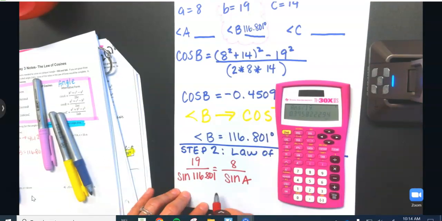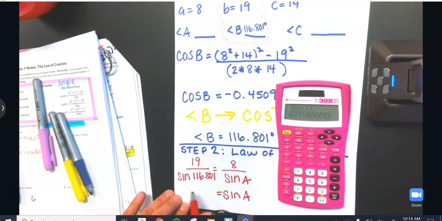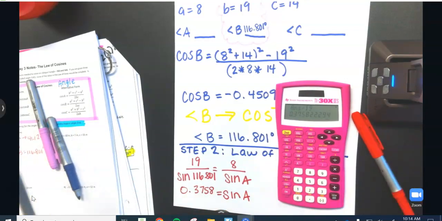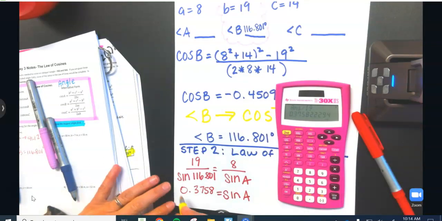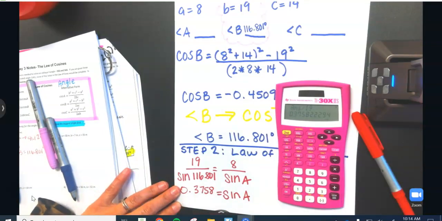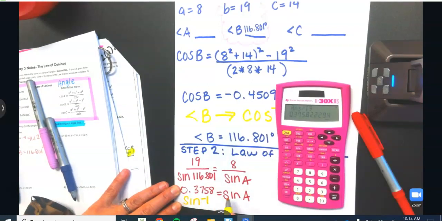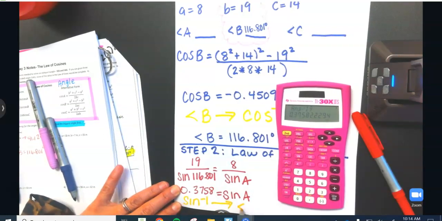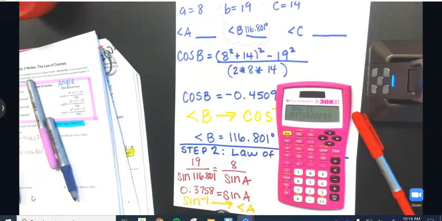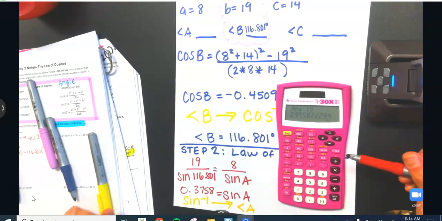All right, so remember, y'all, this is sine A. That's a fraction. It is not degrees. Again, you are going to have to hit, remember, we're in law of sines right now, so you're going to have to hit sine to the negative first power to get angle A. Don't clear that out.